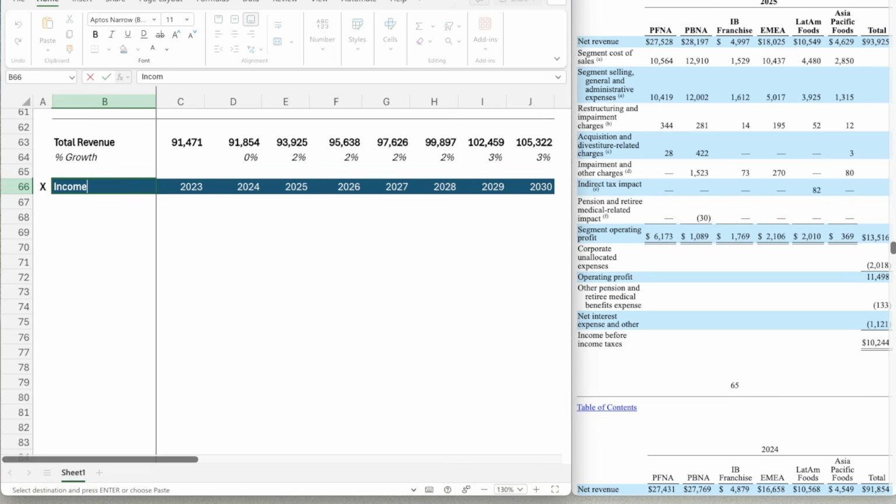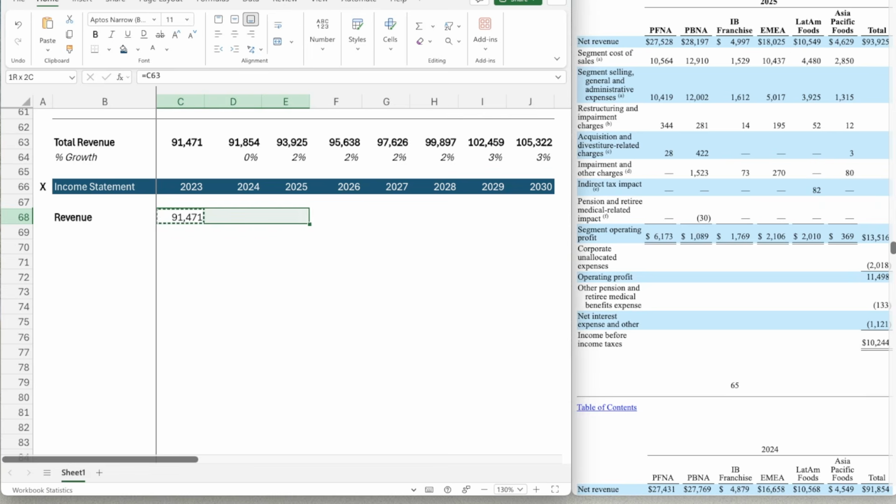The next section is the income statement. We take revenue, let's put it equal to what we have here, pull it along.